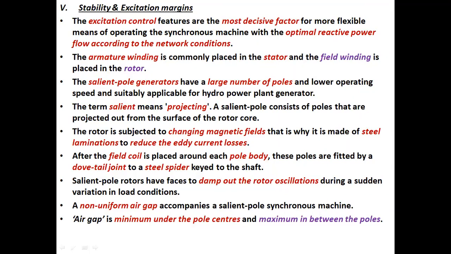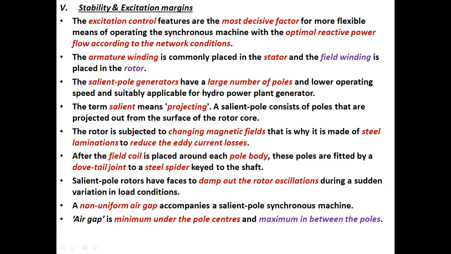The armature winding is commonly placed in the stator and field winding is placed in the rotor. The salient pole generators have a large number of poles and lower operating speed and are suitably applicable for hydropower plant generators. The term salient means projecting.